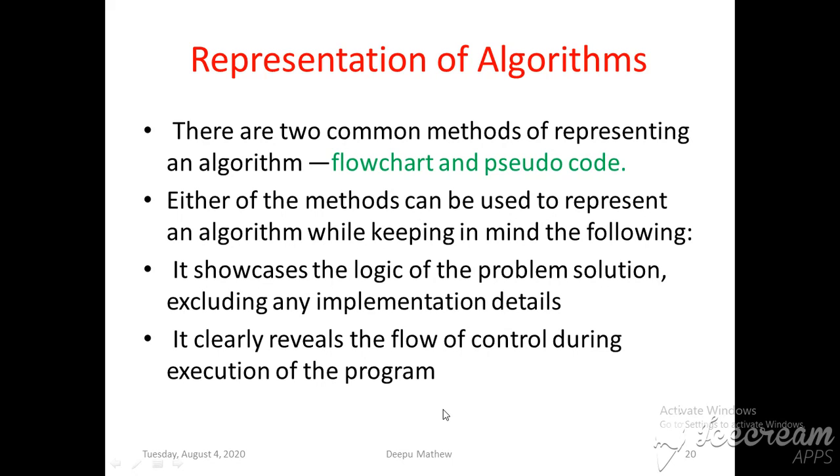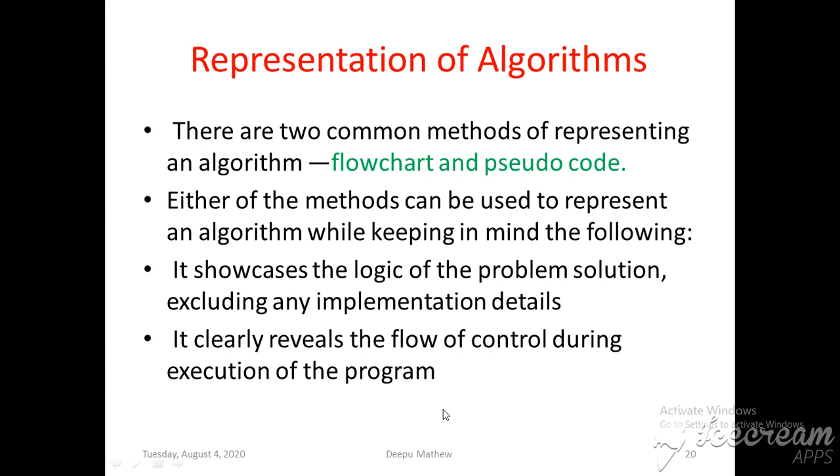The main thing of an algorithm is that we just write the steps one by one. The next step is we need to convert those steps to a particular type of representation, either using flowchart or using pseudocode.